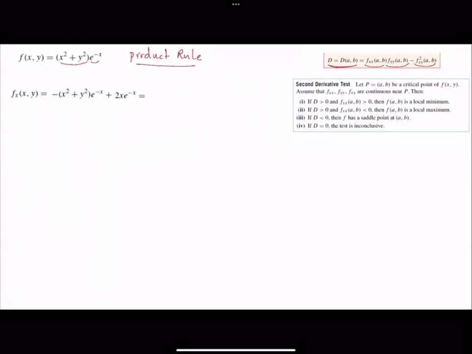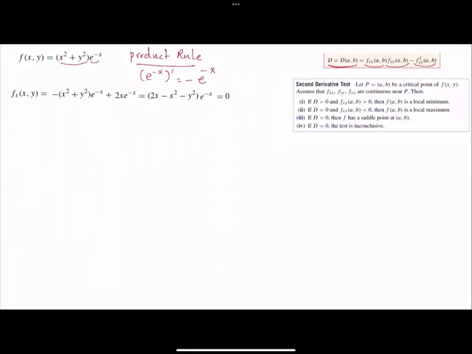The derivative of e to the power negative x is minus e to the power negative x. That's how you end up with a negative e to the power negative x in the first term. Well, if you factor out e to the power negative x, it becomes (2x minus x squared minus y squared).